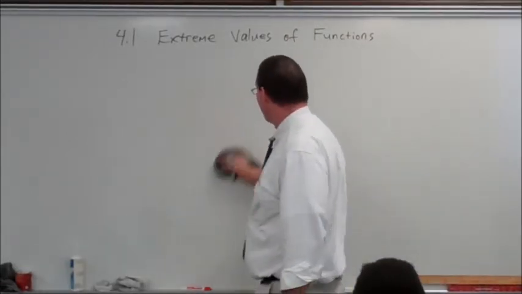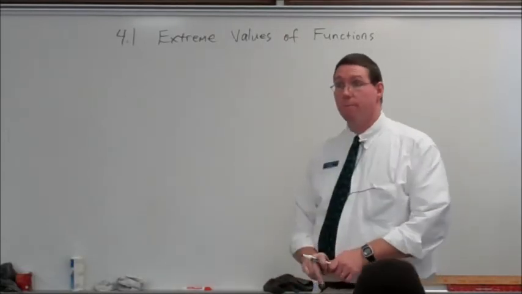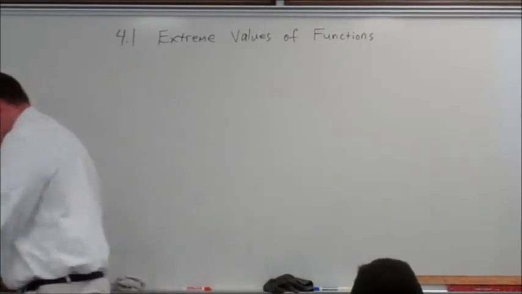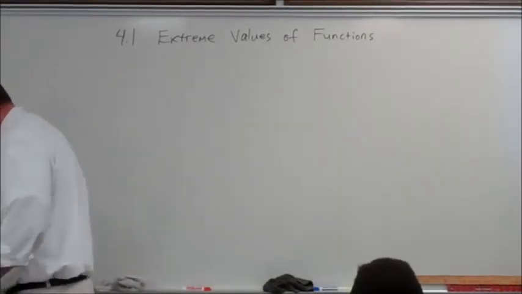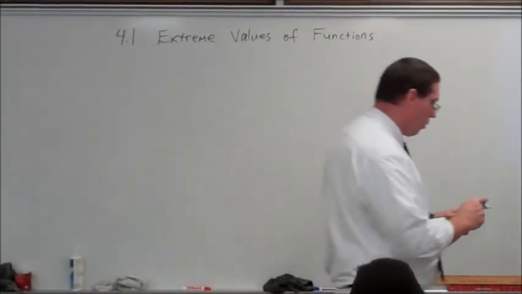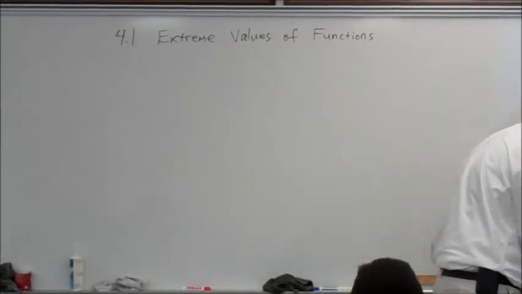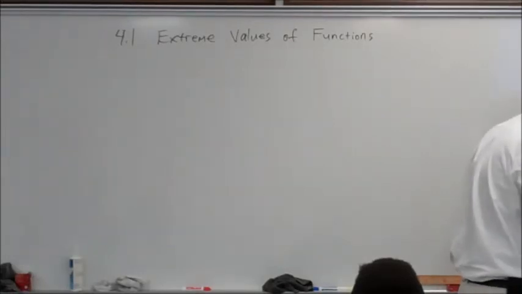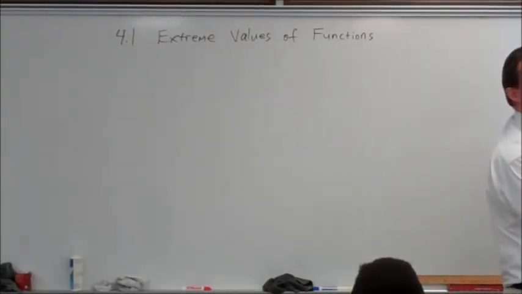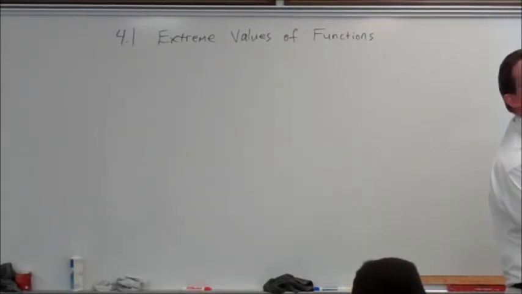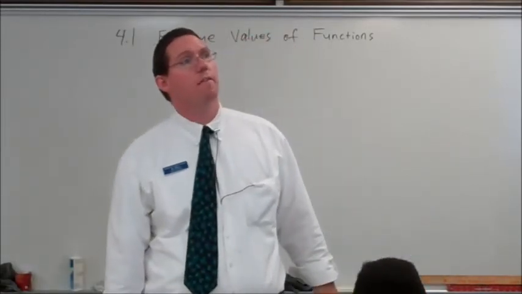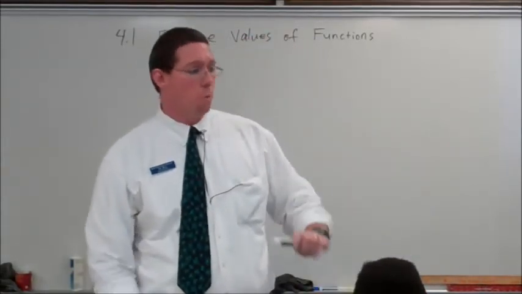What I want to do now is a textbook problem so that you can get a feel for how this works. I'm going to go to section 4.1, and in the homework, I'm going to put it up there. I believe it's question number 11. Question 11 says, in exercises 11 to 18, use analytic methods to find the extreme values of the function on the interval and where they occur.